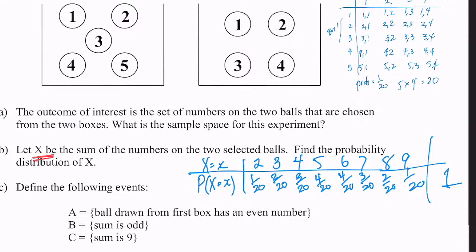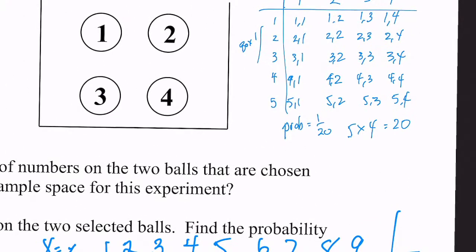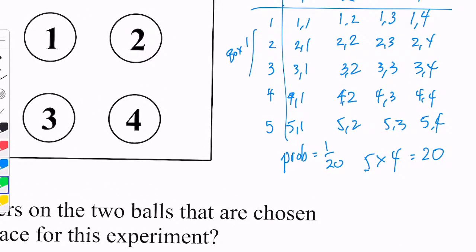So the first event is ball drawn from the first box has an even number. Ball drawn from the first box has an even number. So let's go back to the original matrix. Ball drawn from the first box has an even number. So that happens here and here.